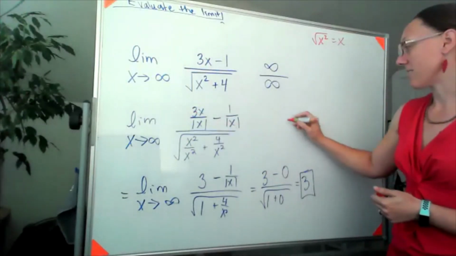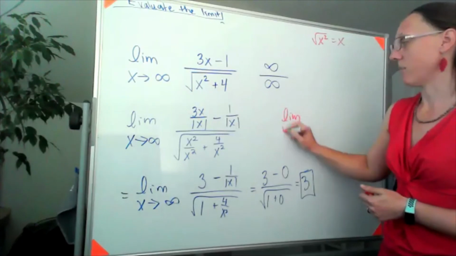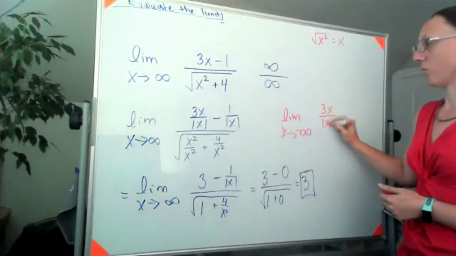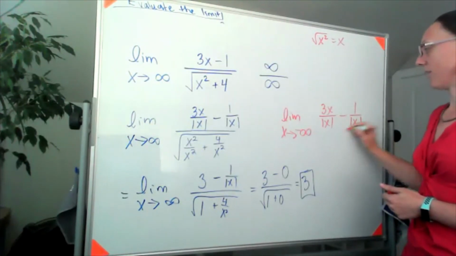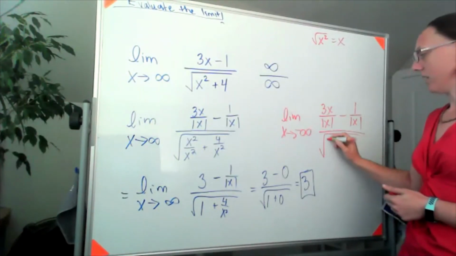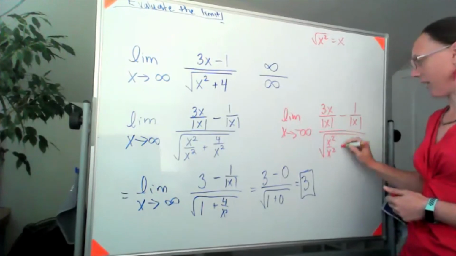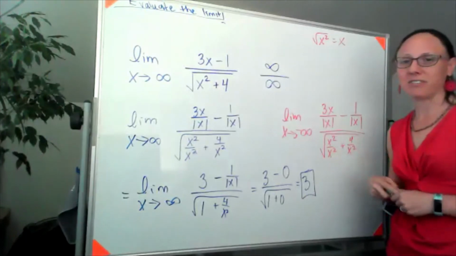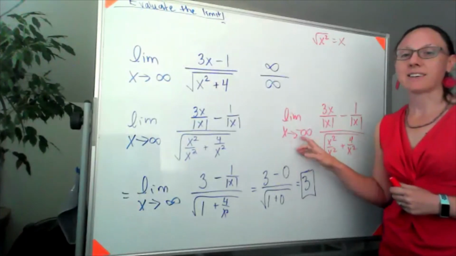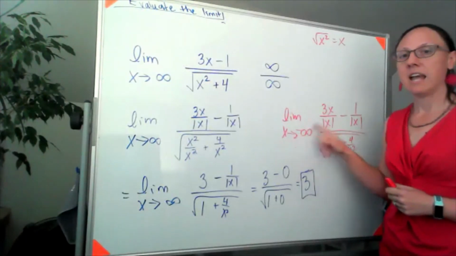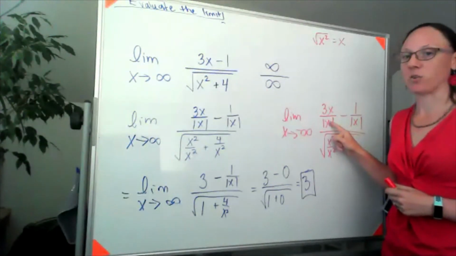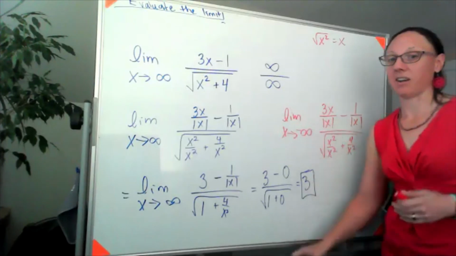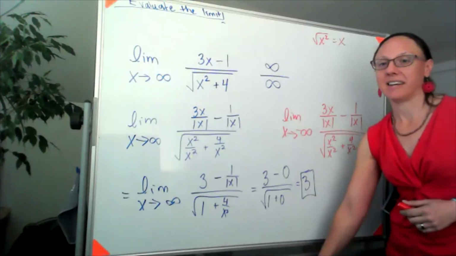So if I was on the same step but I was looking at the limit as x approaches negative infinity of 3x over absolute value of x minus 1 over absolute value of x all over x squared over x squared plus 4 over x squared. And when we're doing all of that, well, now as x approaches negative infinity, x divided by the absolute value of x isn't going to leave us with a 1. It's actually going to leave us with negative 1.